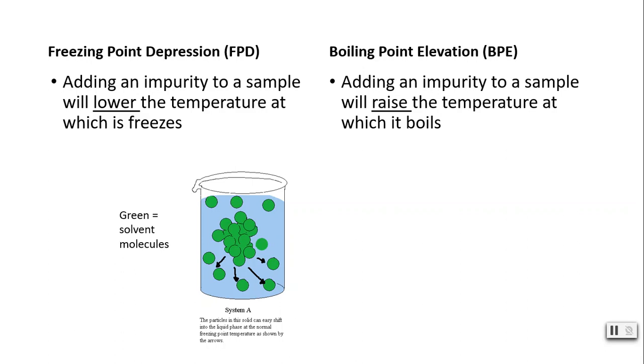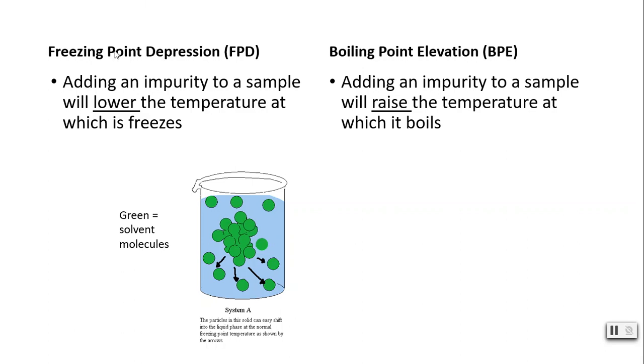When you add a solute to a solvent, that will lower the temperature at which that pure solvent freezes. That concept is called freezing point depression. It will also raise the temperature at which that pure solvent will boil. So that's called boiling point elevation.